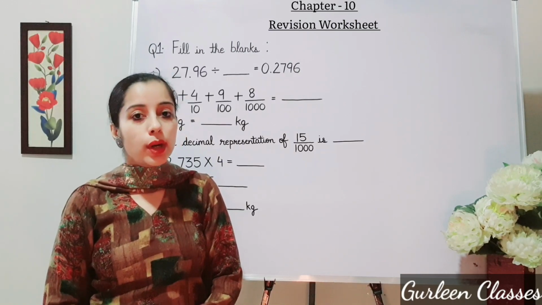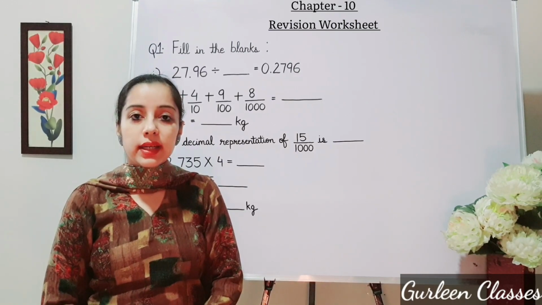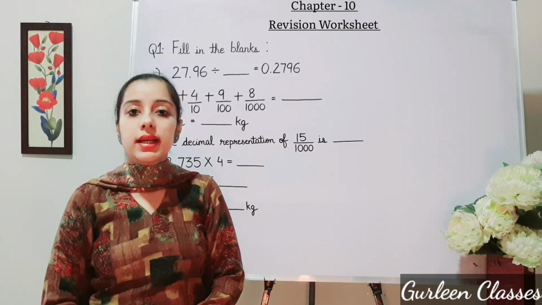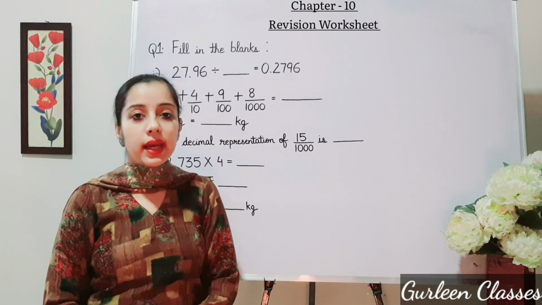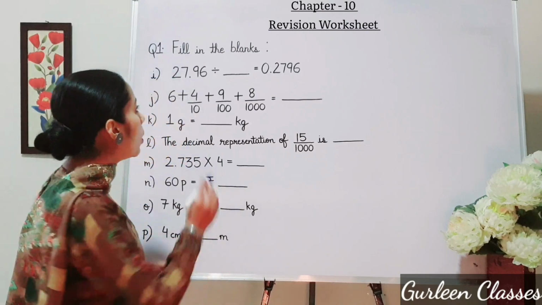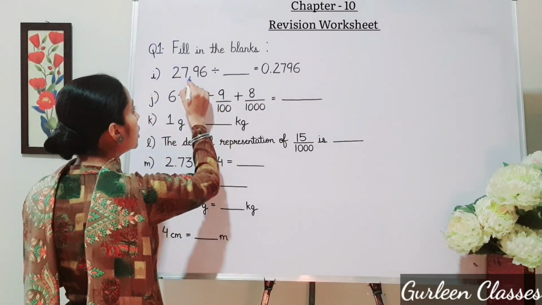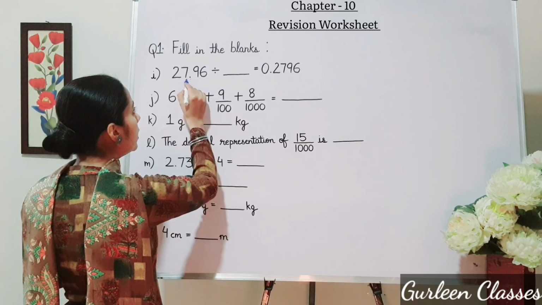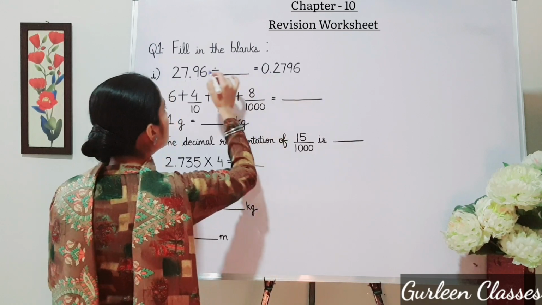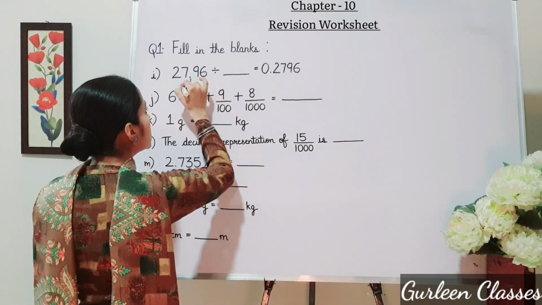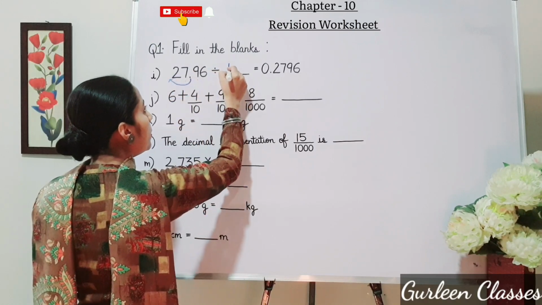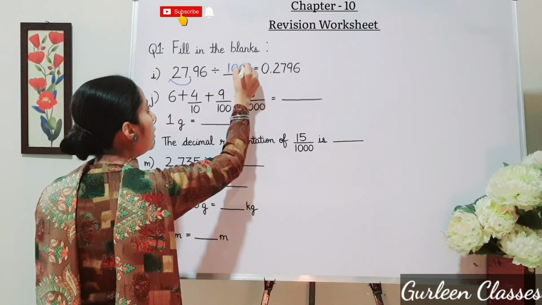So students, I told you earlier, whenever we divide a decimal number by 10, 100 or 1000, the decimal point moves to the left by 1 place, 2 places and 3 places. So now let us see what number we will divide by here. Initially the decimal point was between 7 and 9 and now the decimal point is between 0 and 2. So it means this decimal point is being moved to the left by 2 places. So it will be divided by 100.